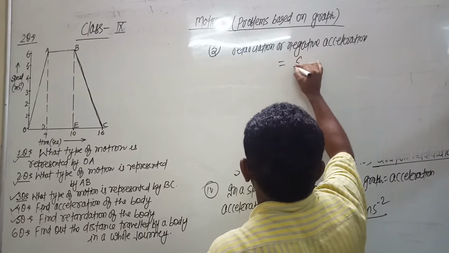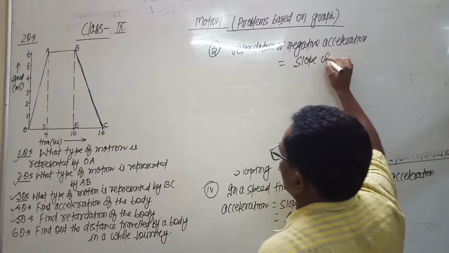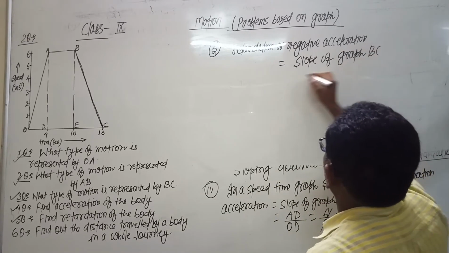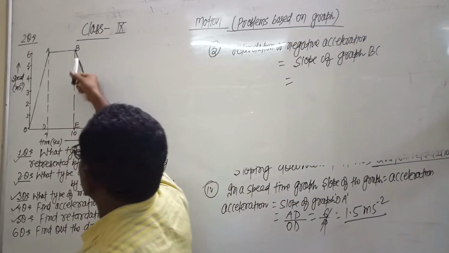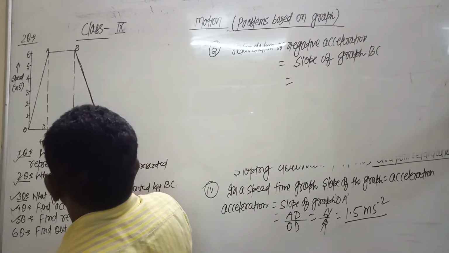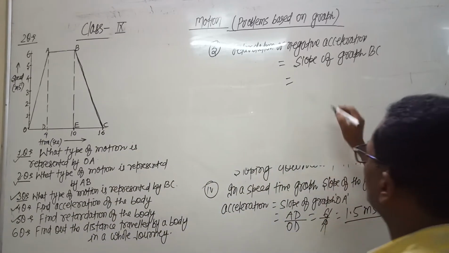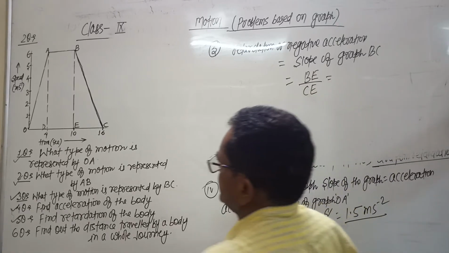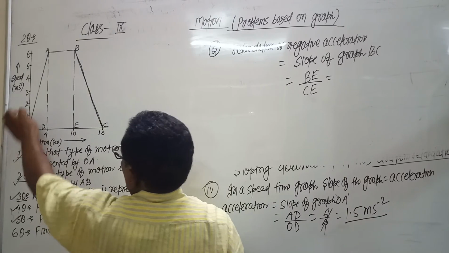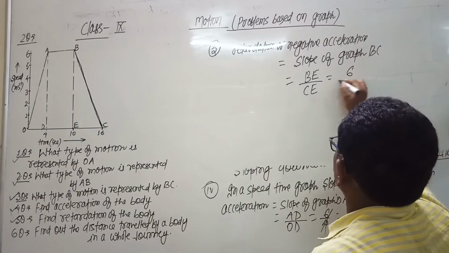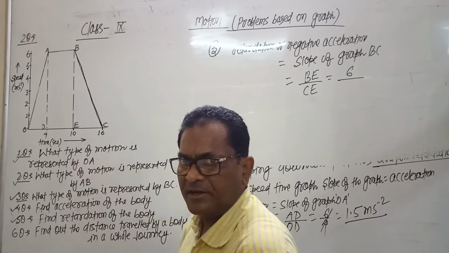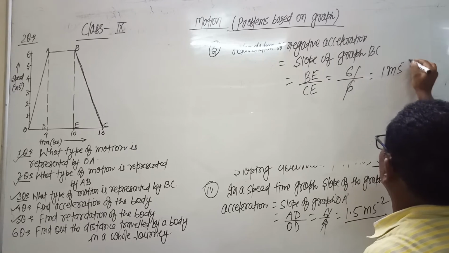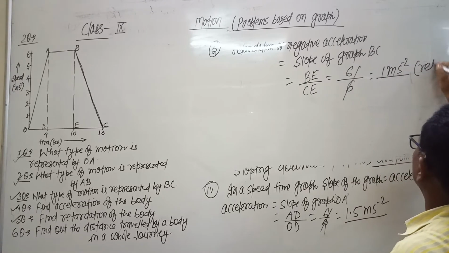Slope of graph BC is given by perpendicular upon base, that is BE by CE. BE is 6, from 0 to 6, and CE is from 10 to 60, that is also 6. So this comes to be 1 meter per second square. That is retardation.